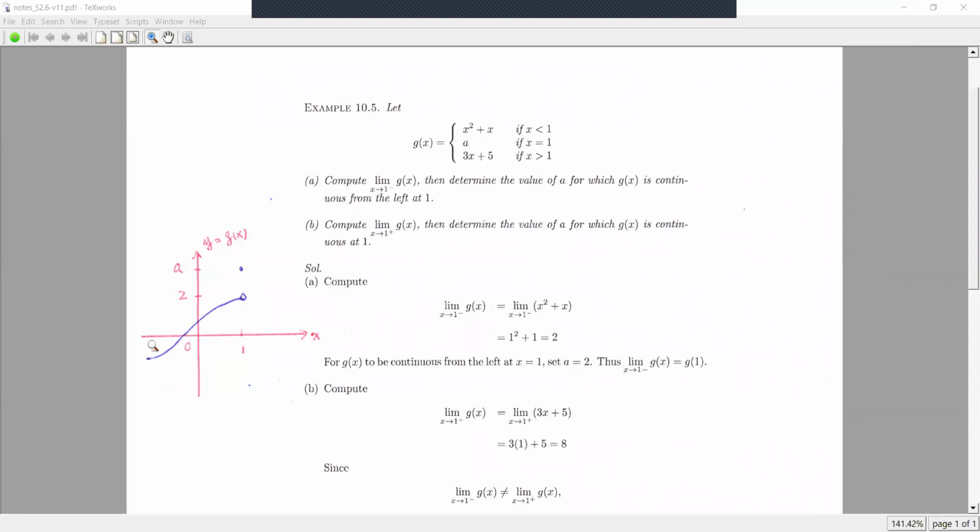Now, to make the graph continuous from the left side at 1, we need to shift this solid point here. So we need to set A to be 2. Conclusion, for G to be continuous from the left side at point 1, A must be 2.